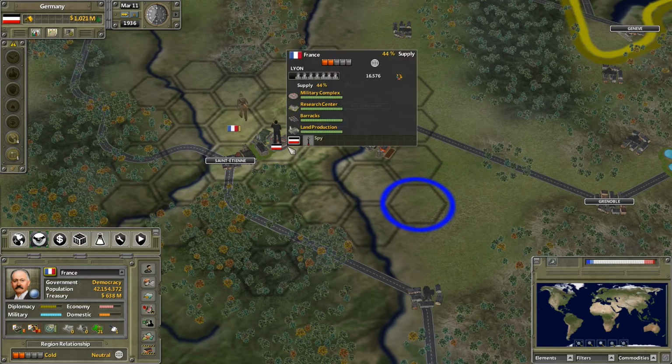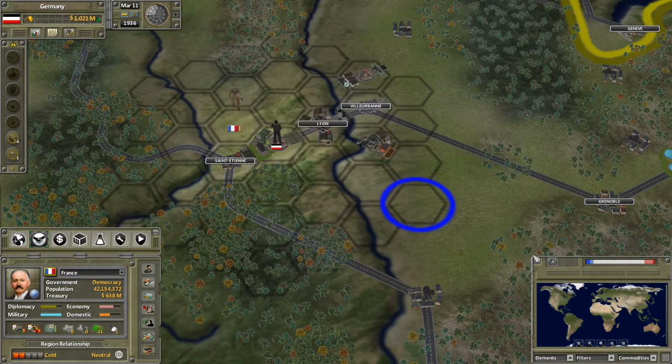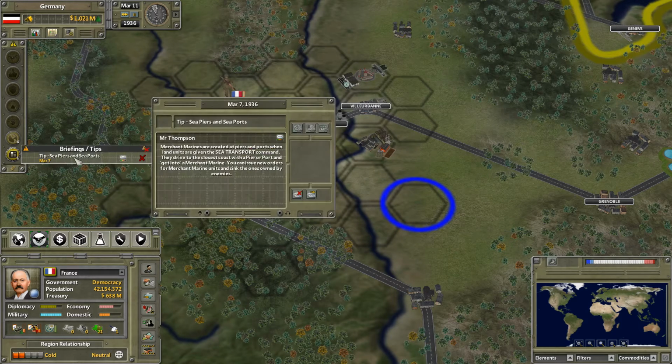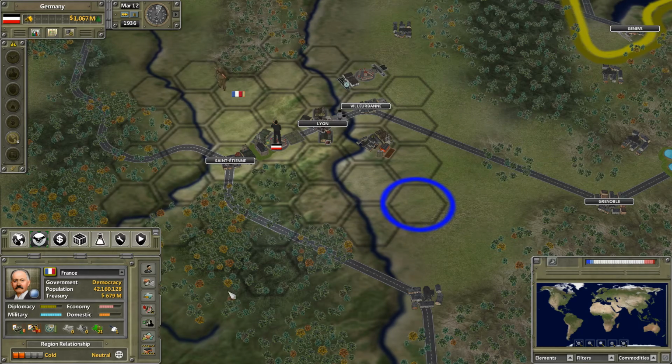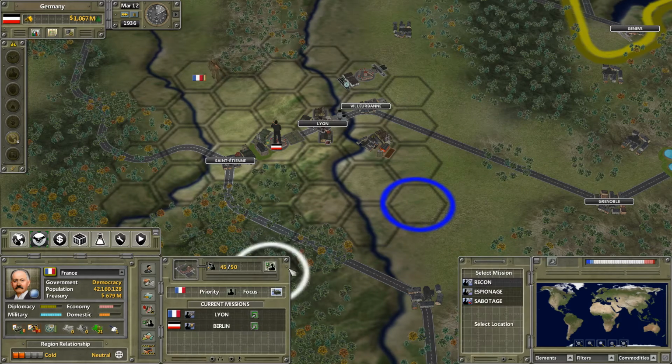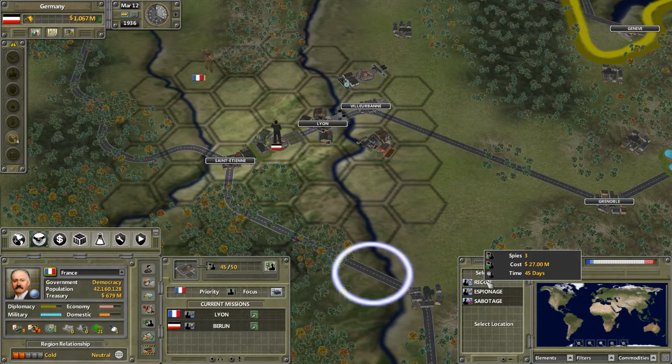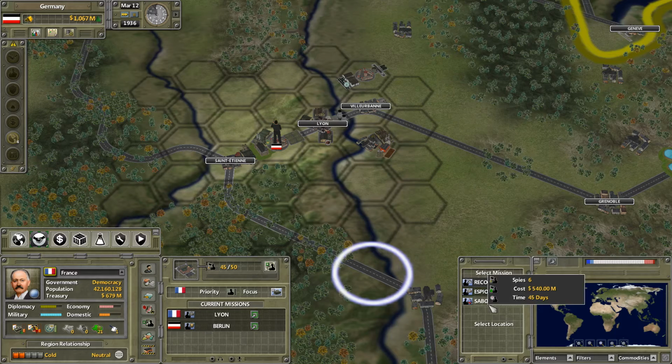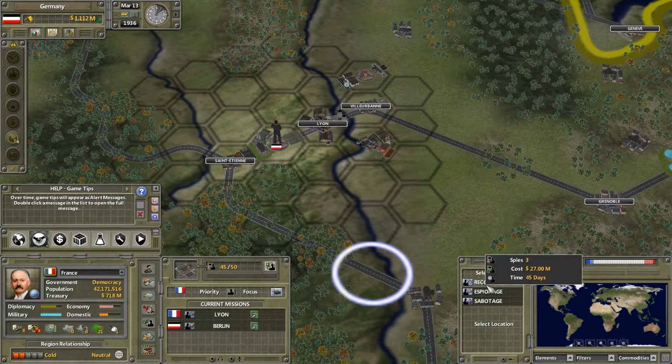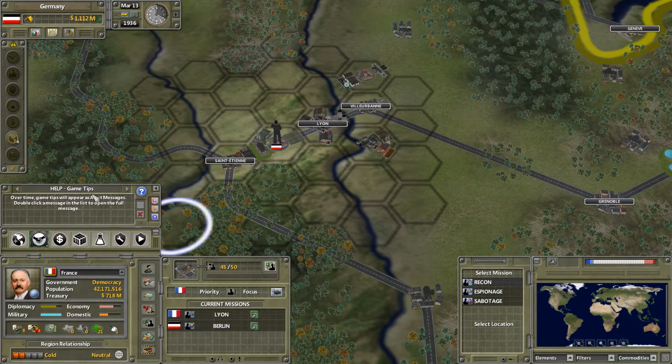So it will kind of act as a recon as well. If we have a look at the espionage, we can see that a recon costs 27 million, espionage costs 675 million, and the sabotage costs 540 million, so recon spies are a lot cheaper.